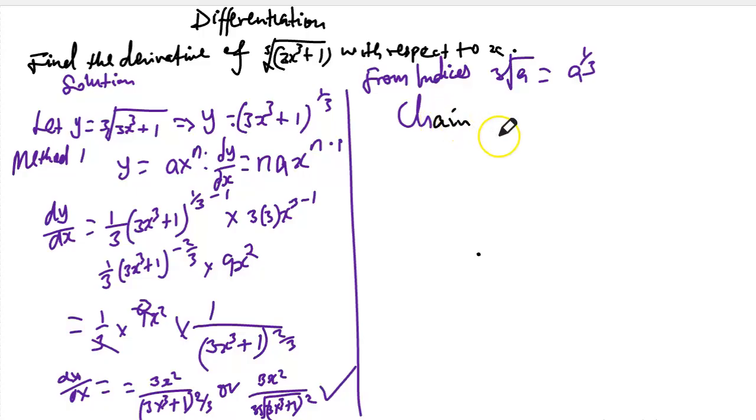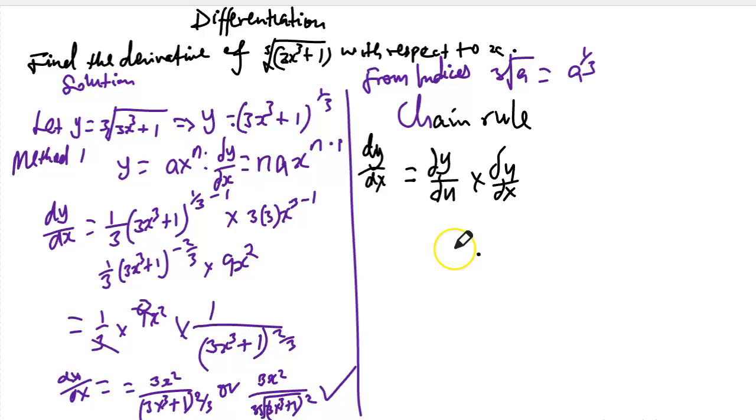If I use chain rule, you know the formula of chain rule: dy/dx is equal to dy/du multiplied by du/dx. So this is chain rule. I can let u be equal to what is inside the bracket, which is 3x cubed plus 1.